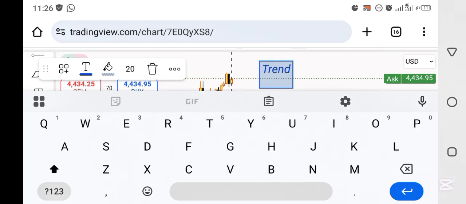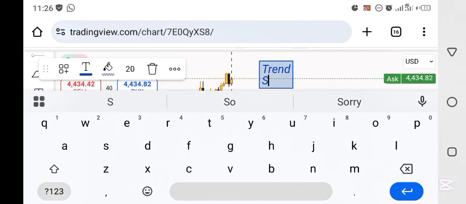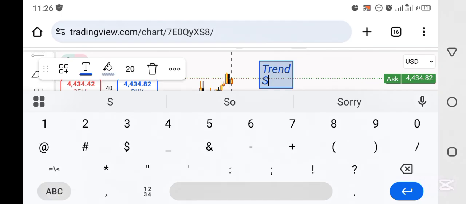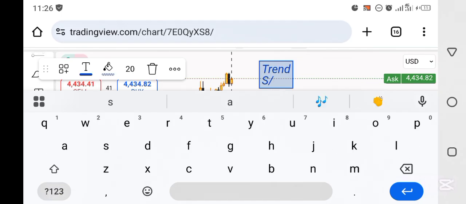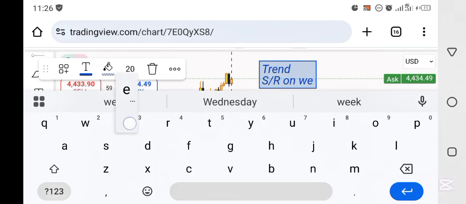support and resistance. The support and resistance is on the weekly time frame. This is why I call it support and resistance, because actually I'm looking for support and resistance.